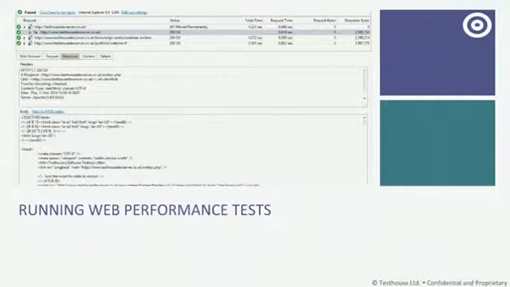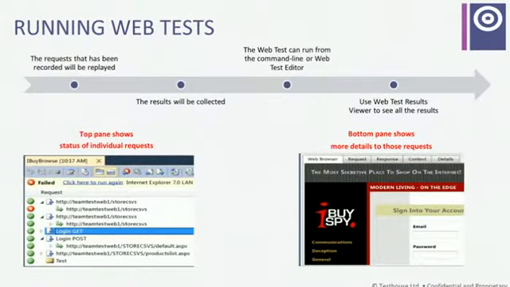You can take a look at a web browser. You can take a look at the HTML which has come back, and we'll be looking at that in more detail later. So there's some good things to look at when you actually run the test already, to give you an idea of how quick your system is. And we'll be looking at that in a bit more detail.